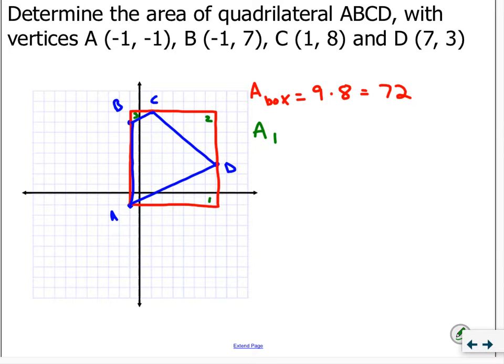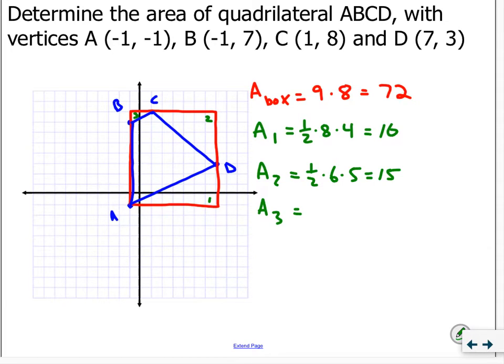the area of region 1. Looks like it's 1/2 of 8 by 4. 1, 2, 3, 4. So that area is 16. Region number 2, it looks like it's 1, 2, 3, 4, 5, 6 across by 1, 2, 3, 4, 5 down. So 1/2 times 6 times 5, that's going to be 15.